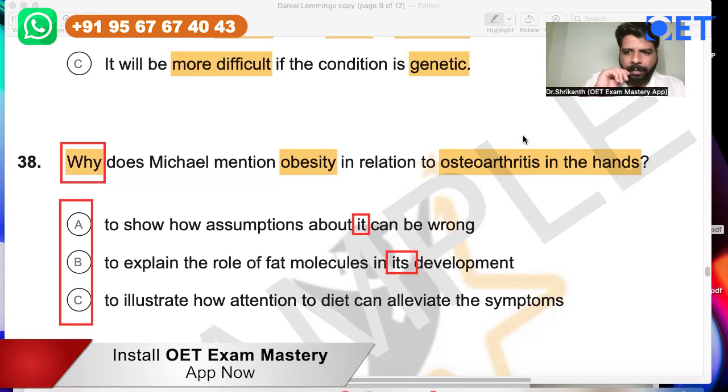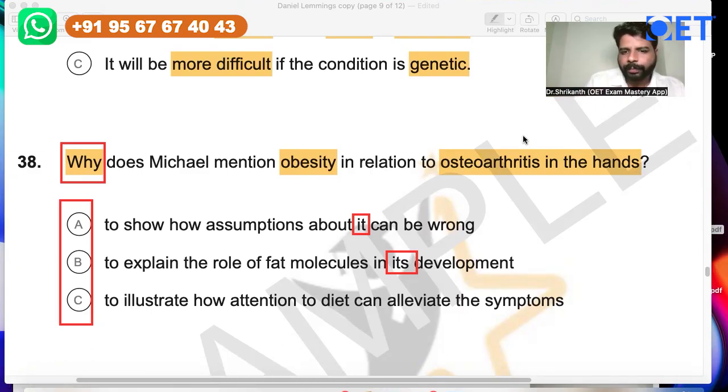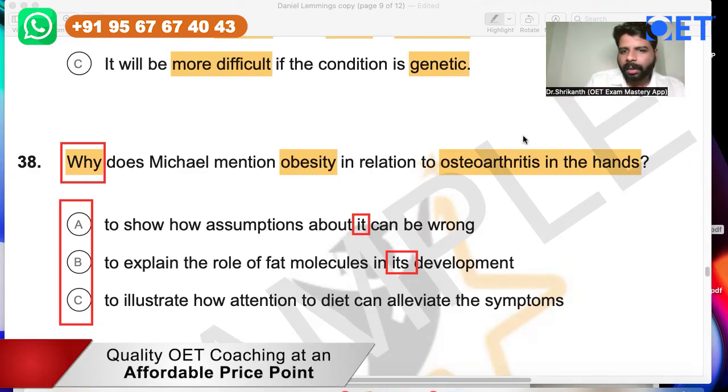Obesity in relation to osteoarthritis in the hands. So what is it specifically referring to? Is it referring to the entire sentence that you said, obesity in relation to osteoarthritis in the hand, or is it a little bit more specific?